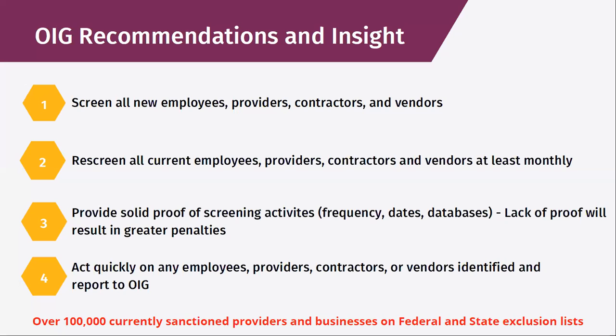Either way, you should probably have a methodology to be able to check all of them, because you might have someone coming in from another state that you're not aware was on an exclusion list, and you want to be careful about whether you are going to move forward with that person, entity, or contractor. And then it's recommended that a rescreen be done monthly on all of those same people in that ecosystem.